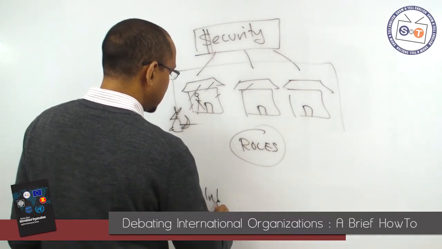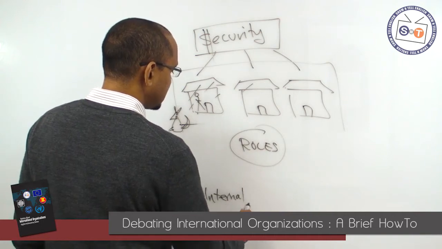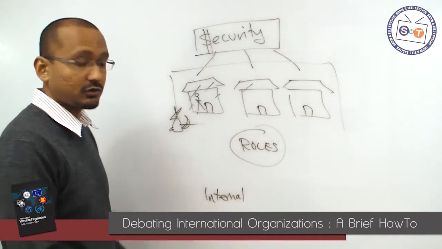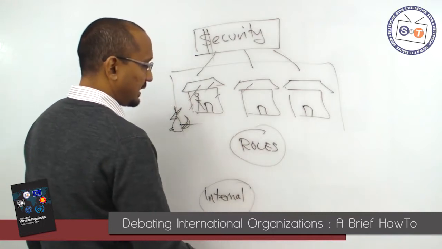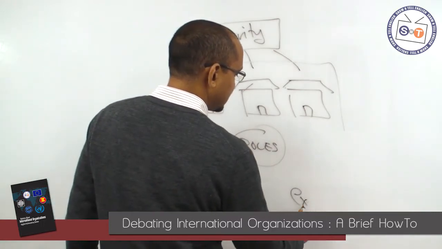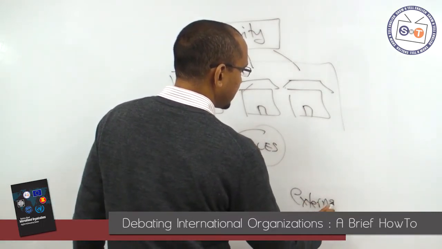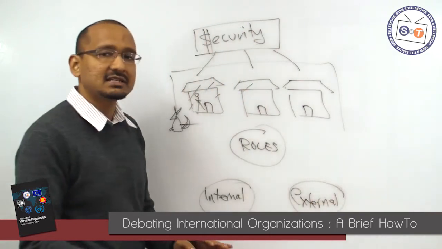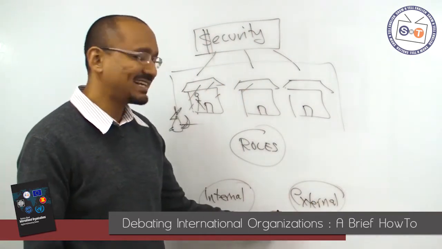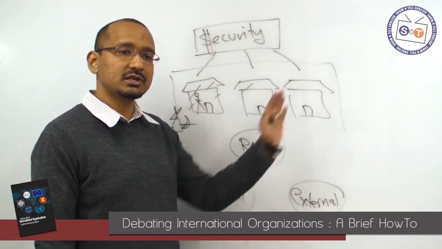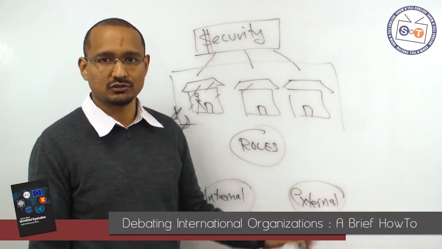Then you have internal debates, so about the internal mechanisms of that organization. And then you have debates about the external aspects, so like how that organization is affecting other things, right? How is it acting? How is it doing its job somewhere else or not doing its job, okay?